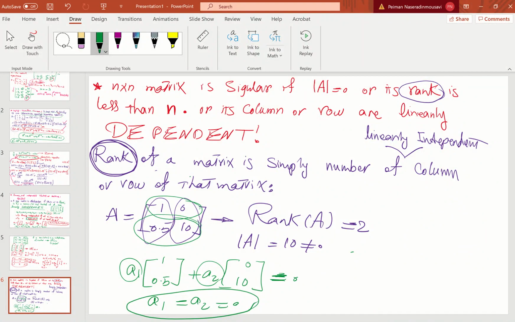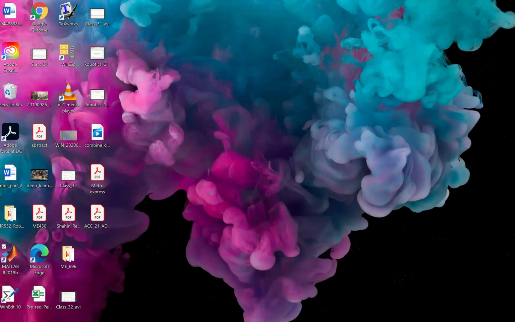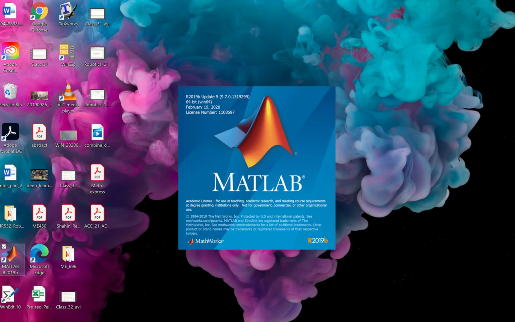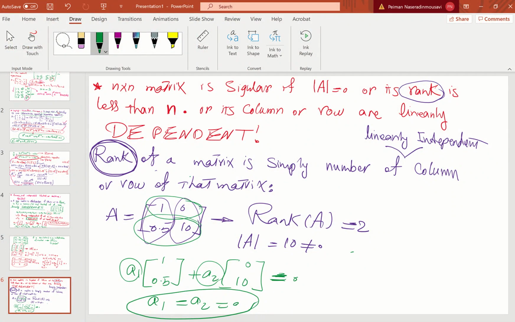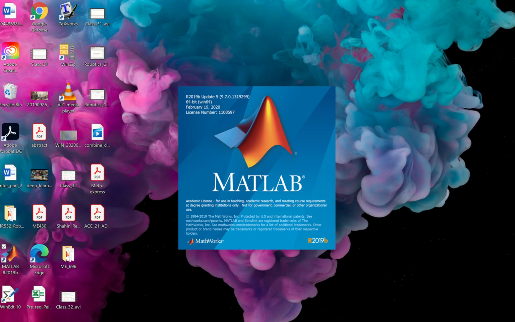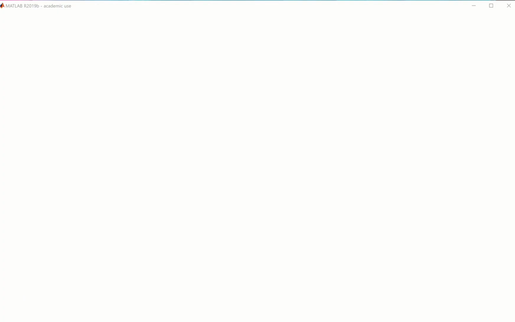So now if you go to MATLAB, it's very easy, guys. You don't have to calculate the determinant of the matrix. Let me run MATLAB.